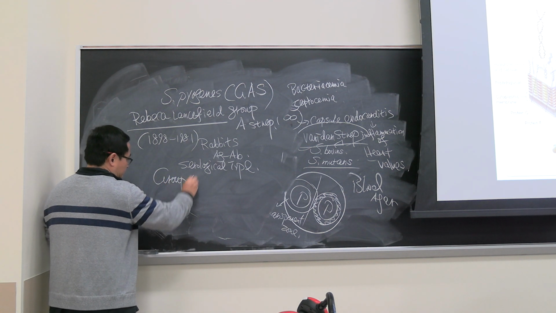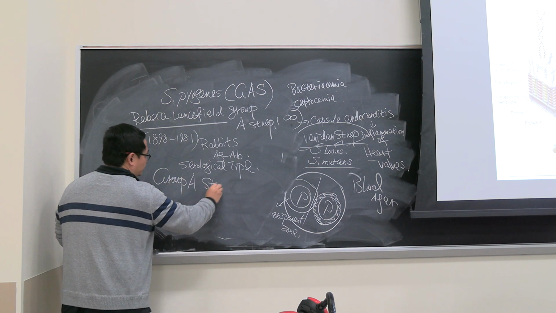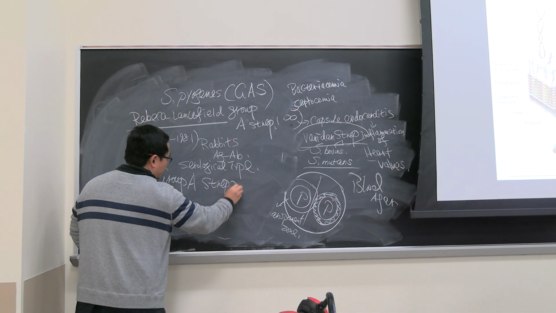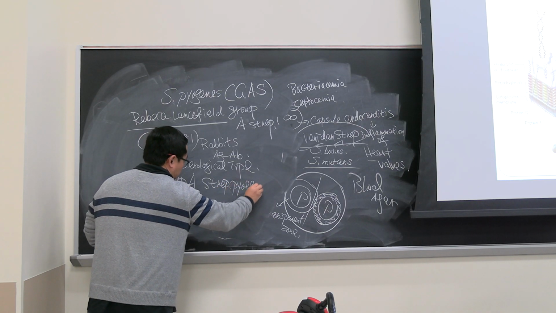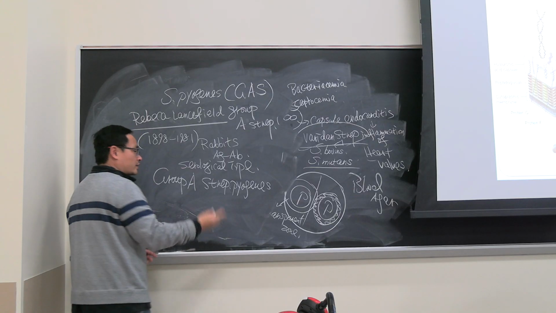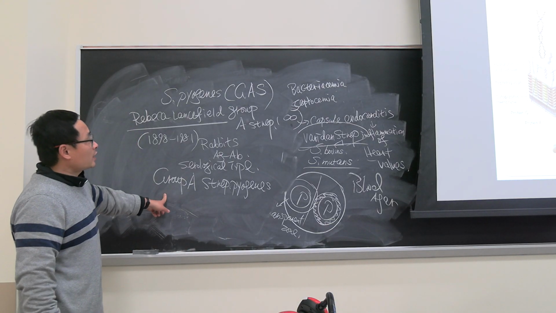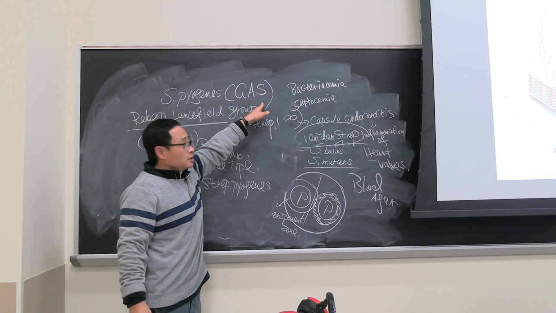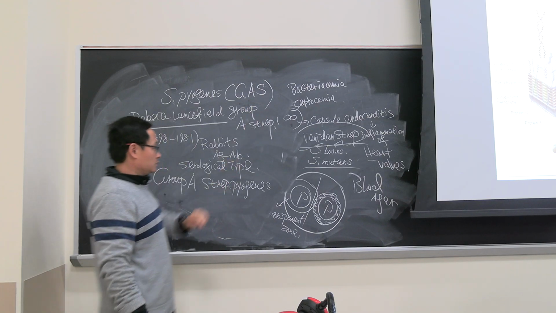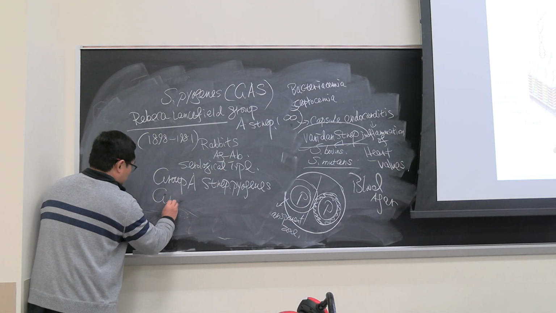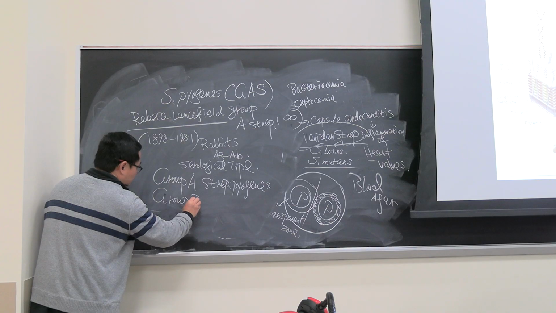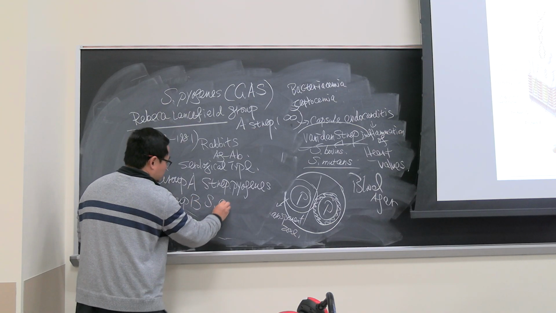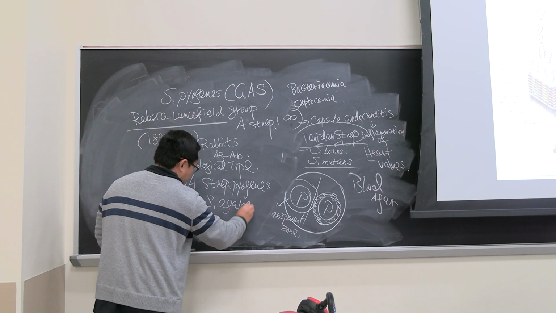Group A, Streptococcus pyogenes, causes strep throat. That's why it's called GAS, Group A Streptococcus. Group B is Streptococcus agalactiae.